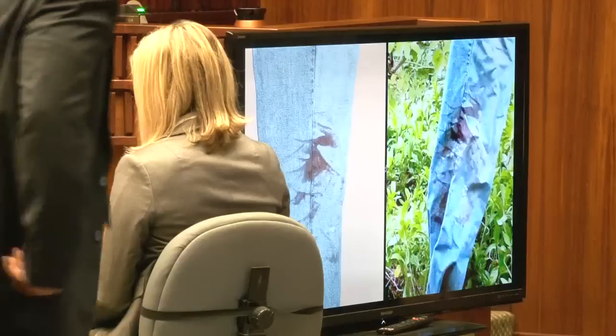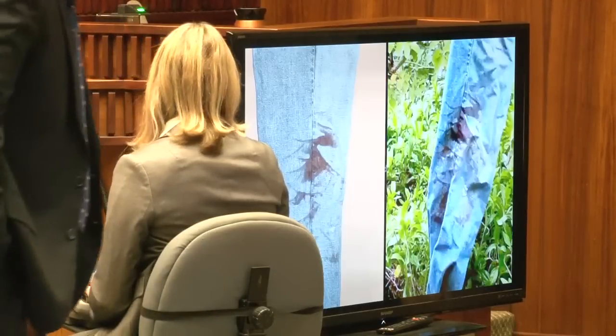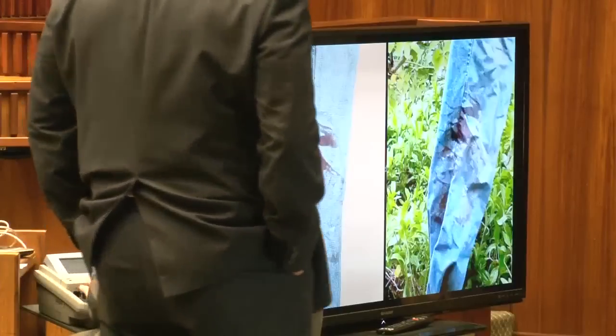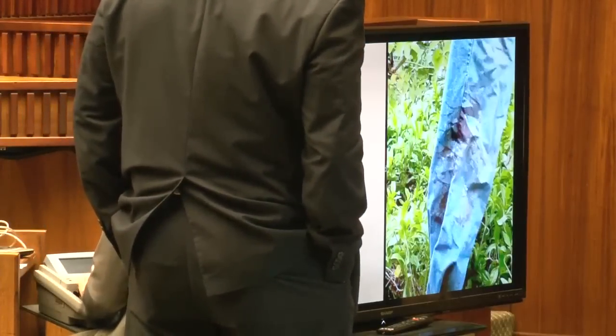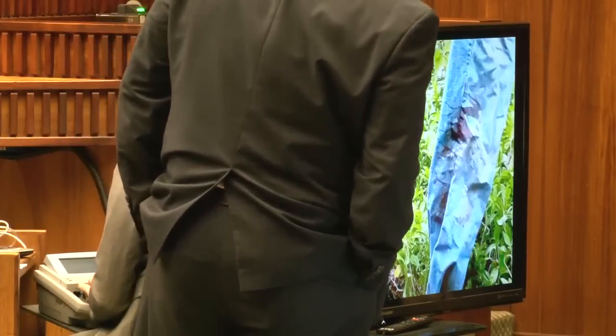Okay, that State's Exhibit 257 and 121 is shown on the screen right here. Now you mentioned that there are folds on the right photograph of the screen.